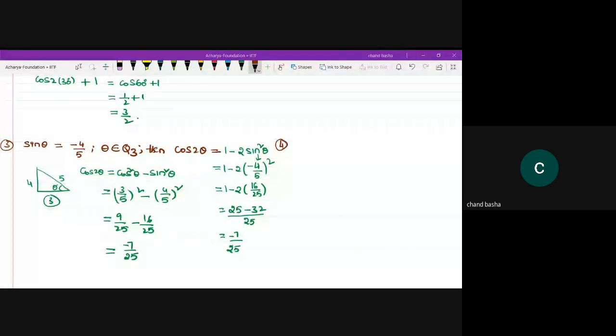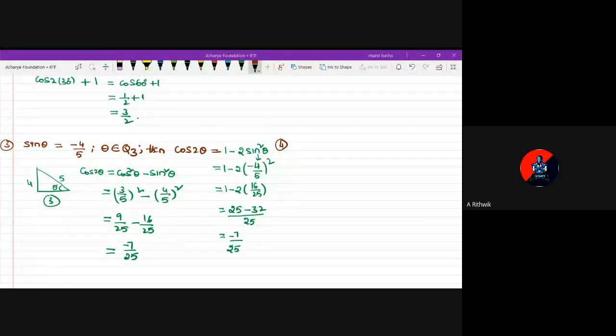Sir, in the green color, 1 by 2 or 16 by 25? 16 by 25. In the next line, how did it come 25 minus 32 by 25? By taking the LCM. What is the LCM here? 25, sir.